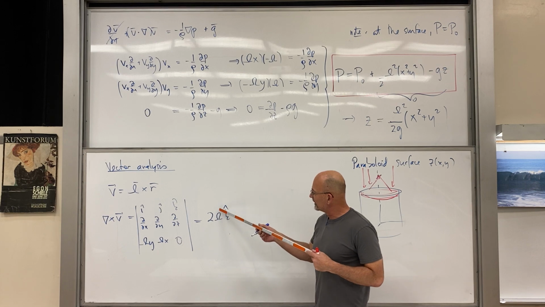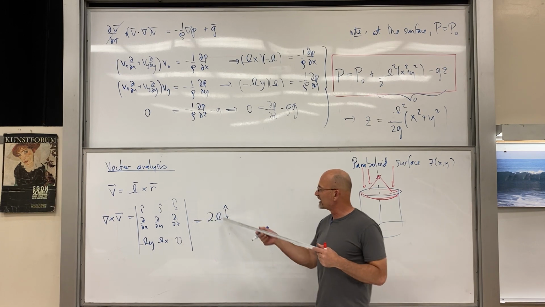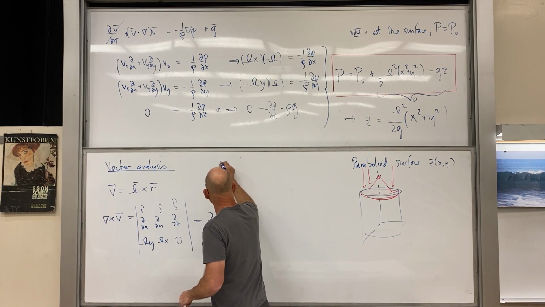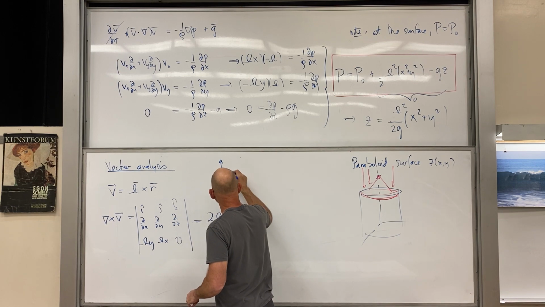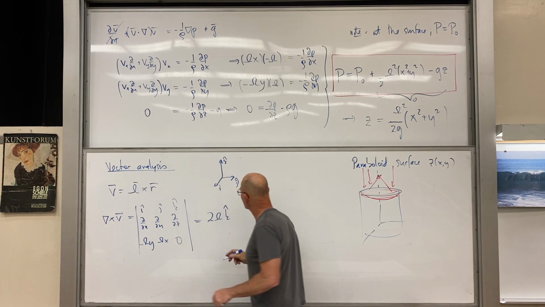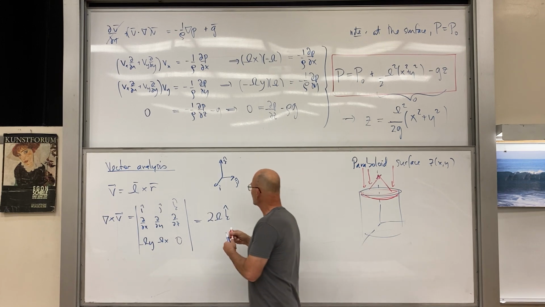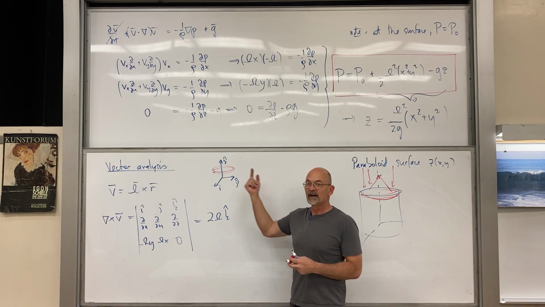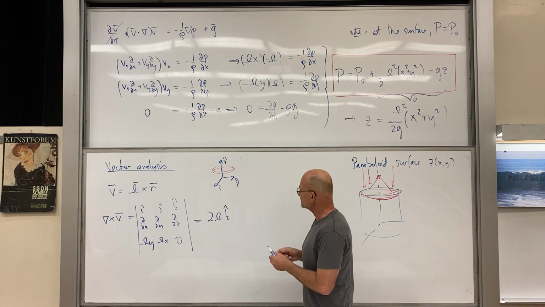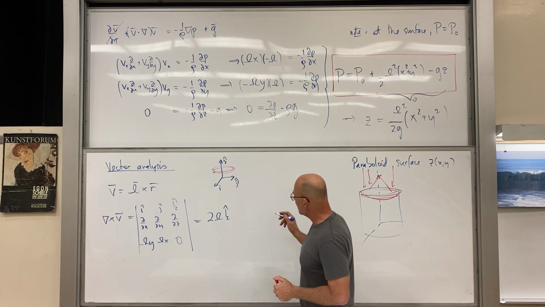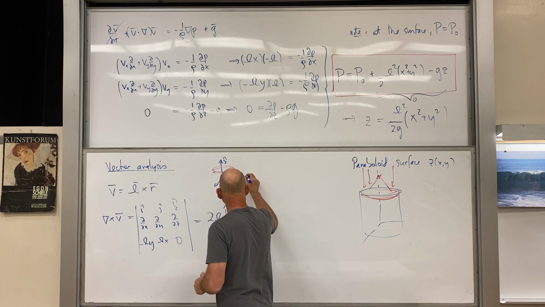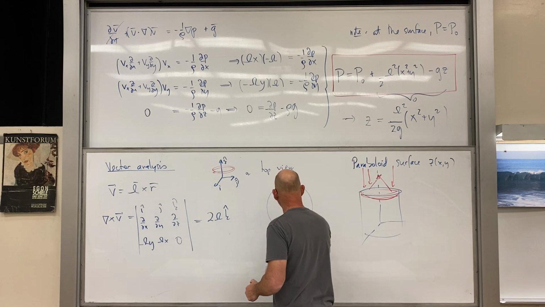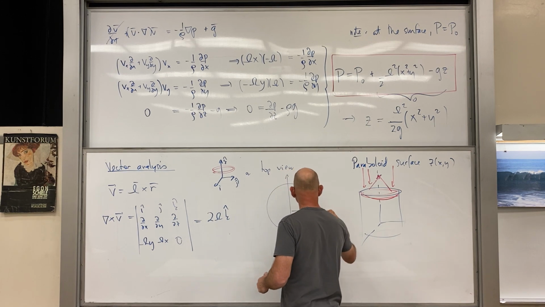And you can see this is just like a rotational quantity. The curl of that vector field, for this circulating quantity, is like a rotational quantity pointing up in the k hat direction. Let me say something about the top view of our bucket. So we're looking down on the bucket, and there's our x and y axis.